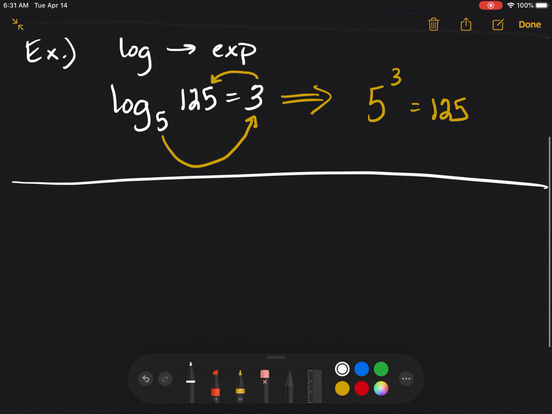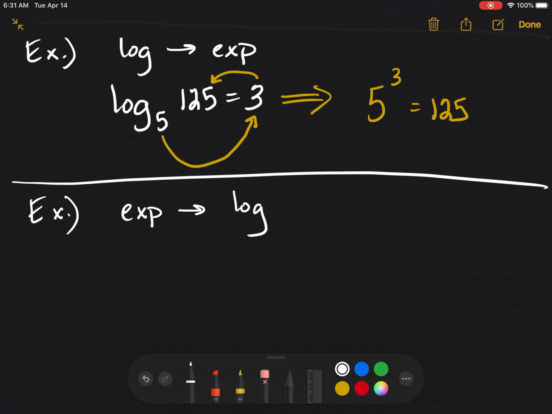We can do the same thing the other way, going from exponent form to log form. If we had written 2 to the fourth power equals 16, you guys know what that means, right? 2 times 2 times 2 times 2 equals 16.